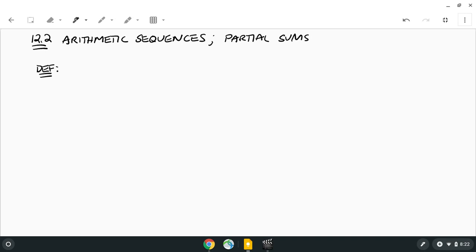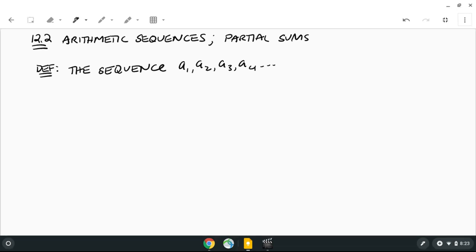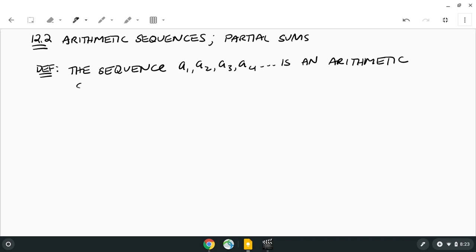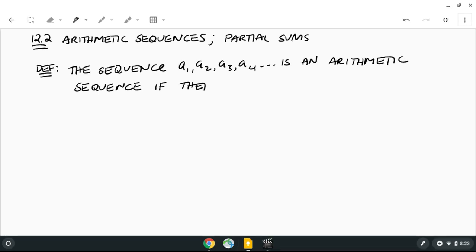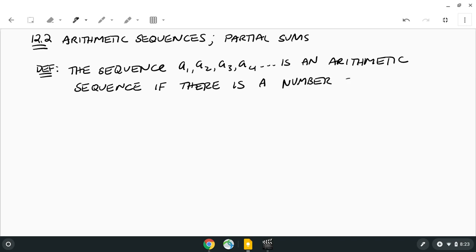The sequence A1, A2, A3, A4 is an arithmetic sequence if there is a number d such that, if you take one of the terms in the sequence, whatever it is, and you subtract the one before it, you know what? Let me write it like that instead.